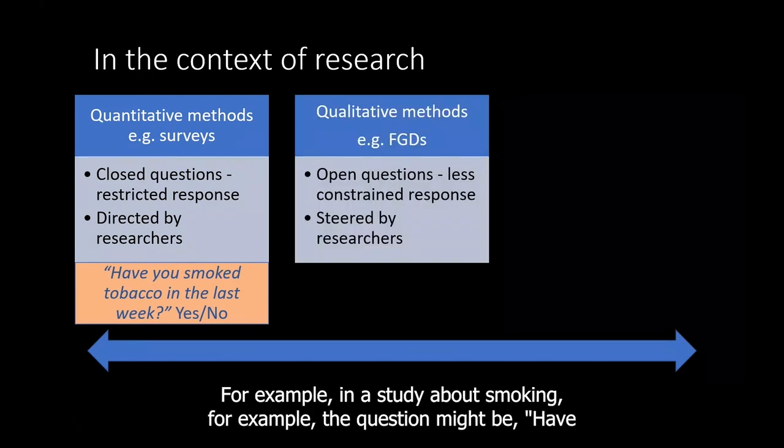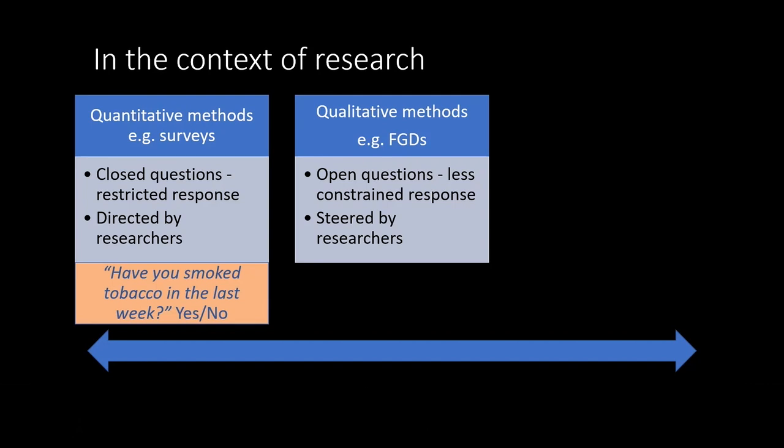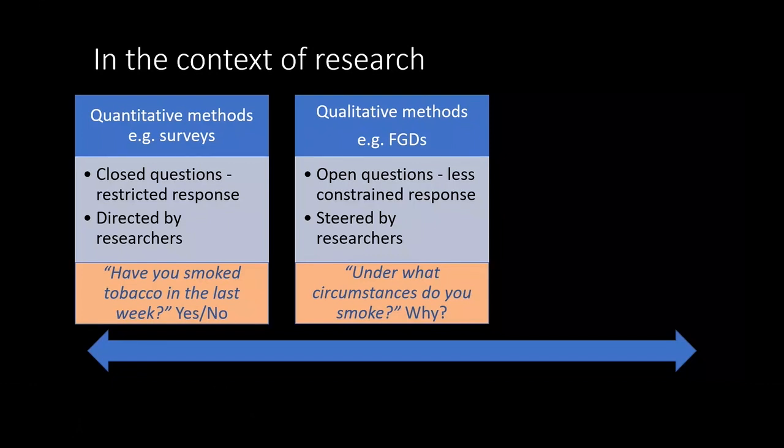For example, in a study about smoking, the question might be, have you smoked tobacco in the last week? And the answer would be yes or no. If you shifted to a more qualitative approach, the questions would be much more open and you'd have a less constrained response.